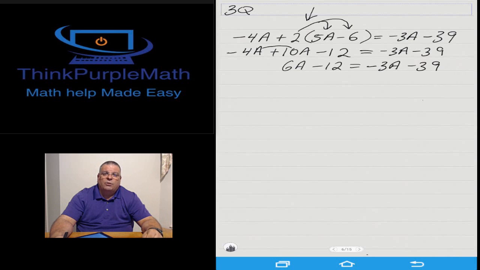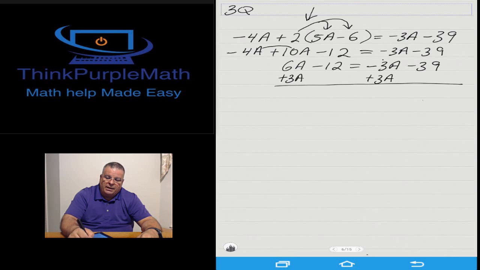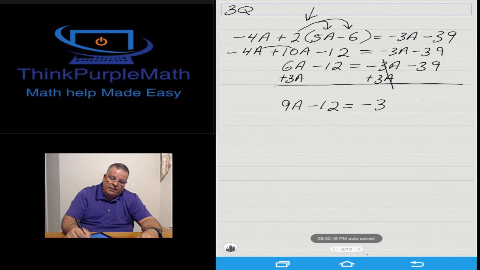Okay, so the next step that we're going to take is we're going to add 3a to both sides. I could have done a different step, but I like to keep my variables positive. 9a minus 12 is equal to negative 39. Add 12 to both sides.